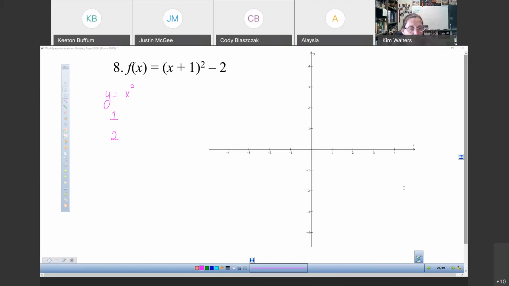If you don't have a yes from me, you are not correct. Go back and look at what we've been doing. Remember, one of those is a change in x, and one of those is a change in y. The change in y goes up and down because my y-axis is up and down. Change in x is going to go side to side. So go back, match it up. Need to get some more responses.